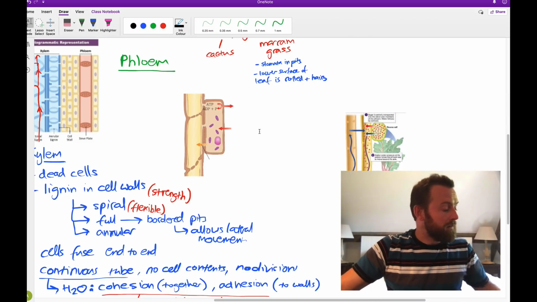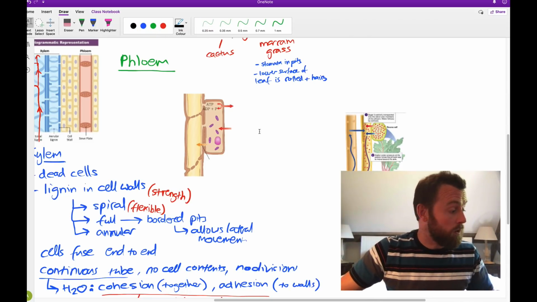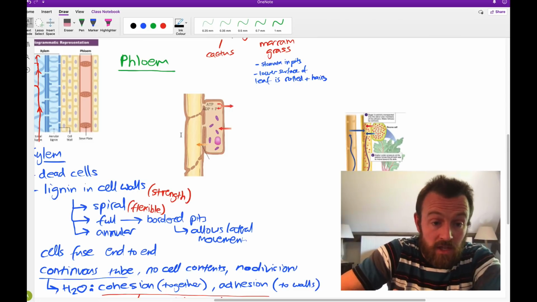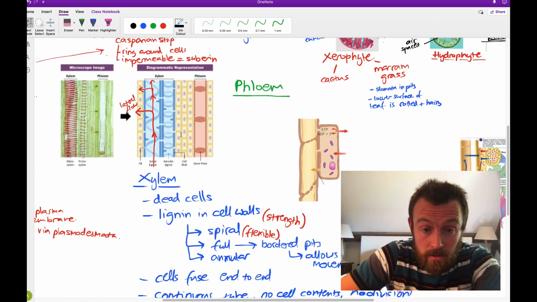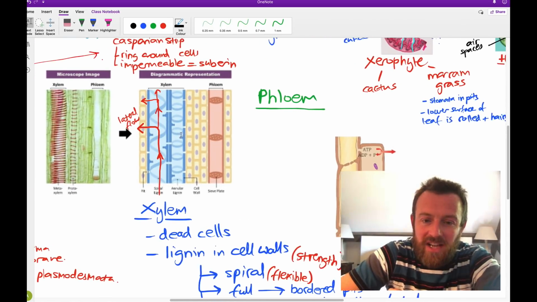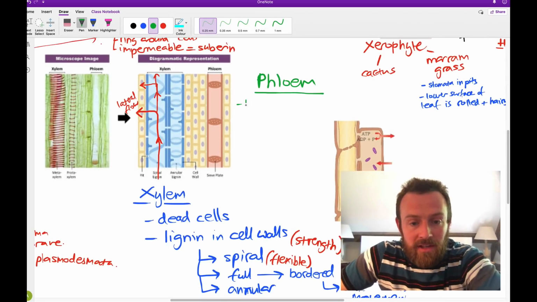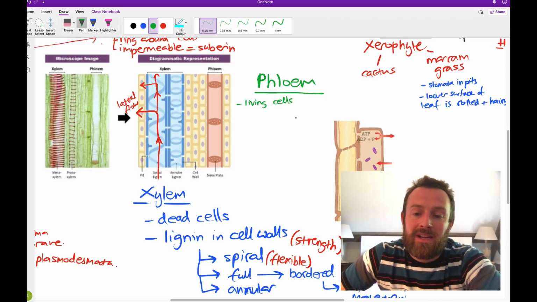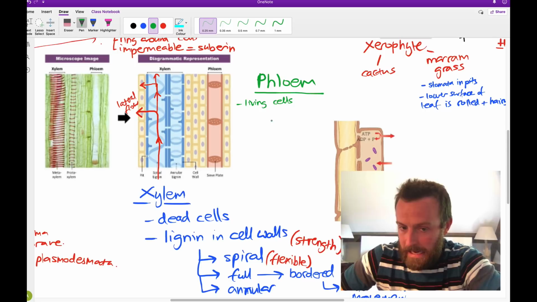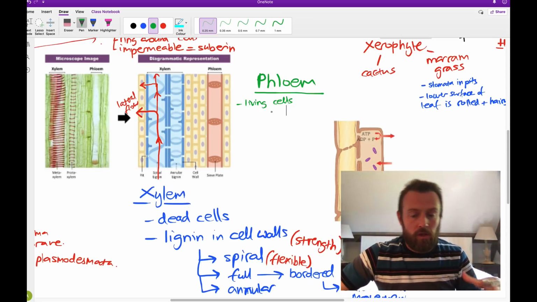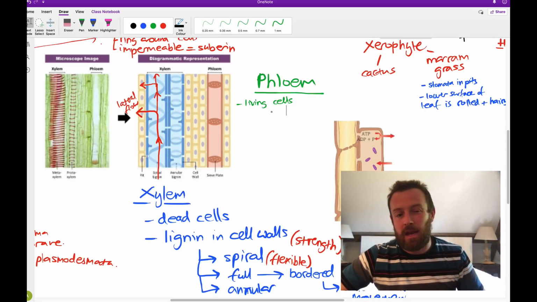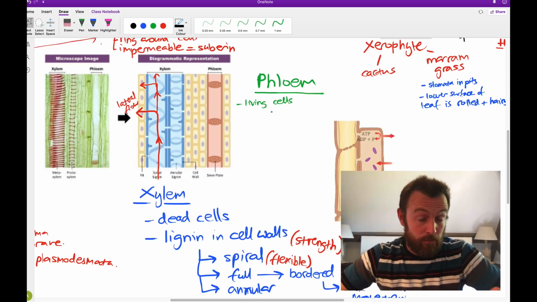First, let's talk about the adaptations of phloem cells. So phloem, unlike xylem, is alive. I say just because the cells are kind of clinging on to life. Living cells. Why are they clinging? Well, because there's nothing in them really. The nucleus, the mitochondria, all that stuff that's normally in the cell has been cleared out in their development process.